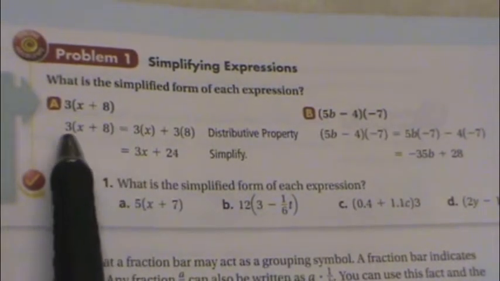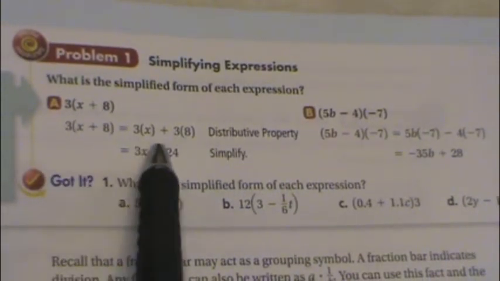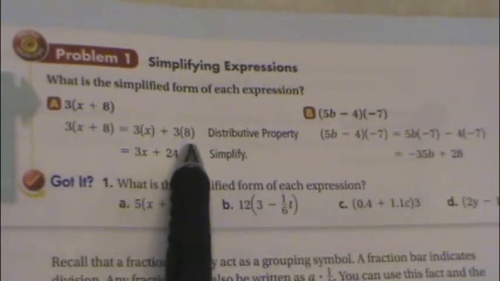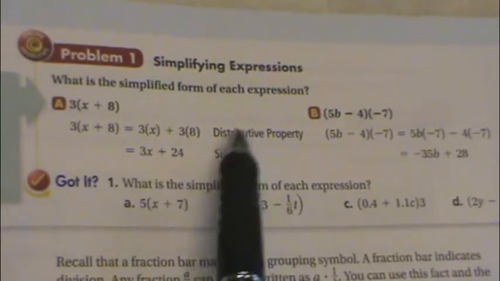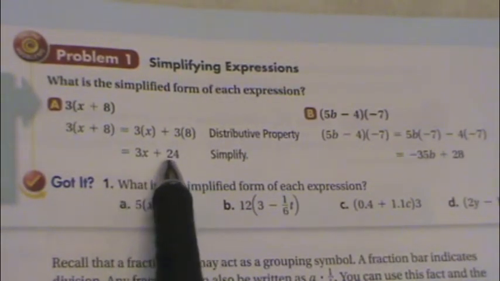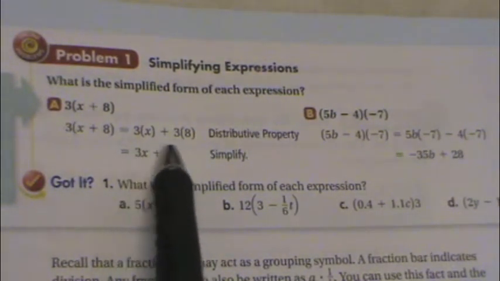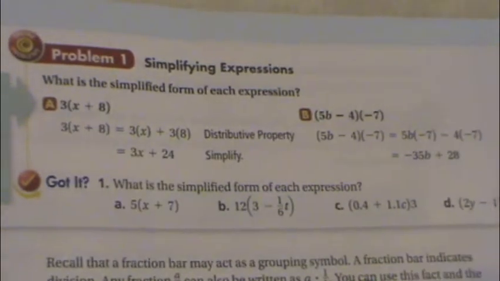We can distribute. 3 times the quantity x plus 8 equals 3x plus 3 times 8. And they show you here, they just wrote down distributive property so that you would know how we got to here. Work that out. 3x plus 24. This is considered a simplified form of what we started with. Letter B.